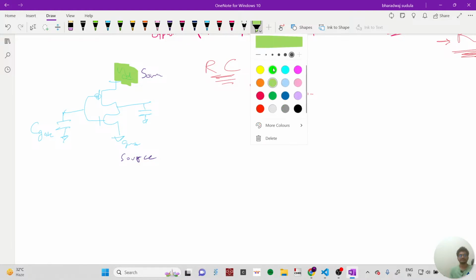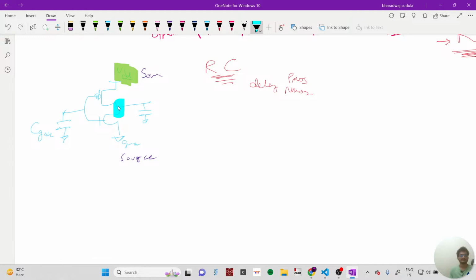So this is the drain for both PMOS and NMOS. As we discussed, there will be some drain capacitance. So this is the drain capacitance of the inverter, and this is the gate cap of the inverter.